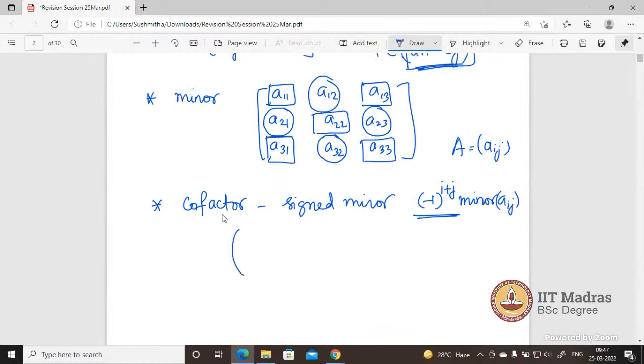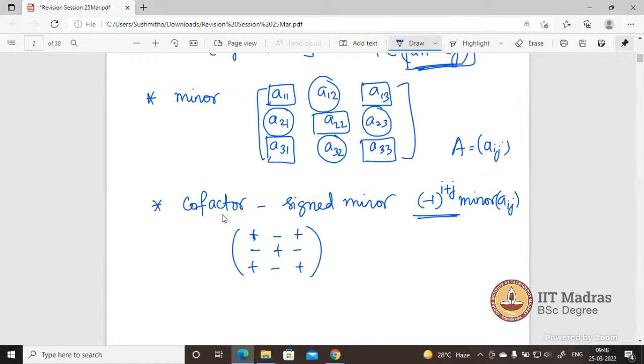So the sign is this: plus, minus, plus, minus, plus, minus, plus, minus. You find the minor, then you see the position of the element, and multiply by plus 1 if it is a plus, multiply by minus 1 if it is a minus, to get the corresponding cofactor.